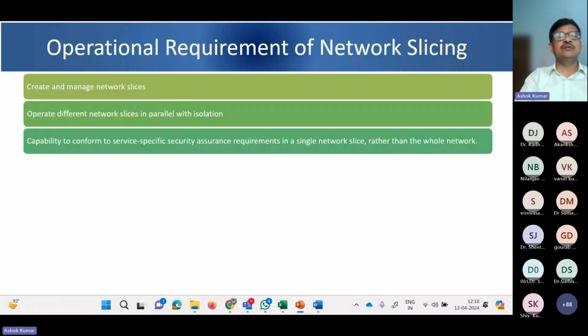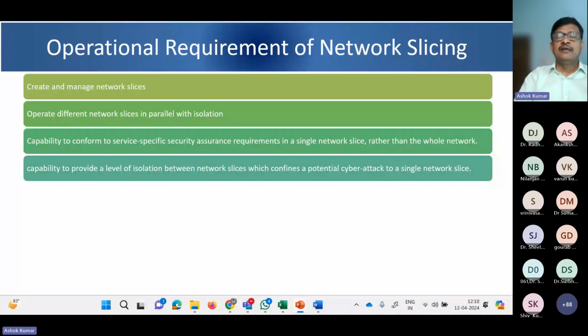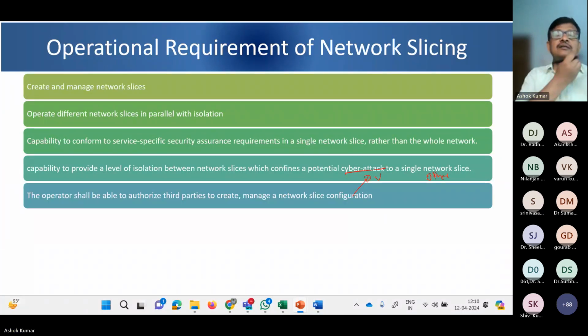Okay, so we had talked about these. Suppose there are multiple slices and there is a cyber attack on one slice. It should not impact other slices, right? Isolation should also be in respect of the network security. Then there should be a capability wherein operators are able to authorize third parties to manage a particular slice.